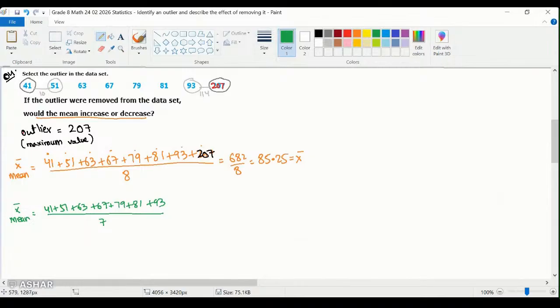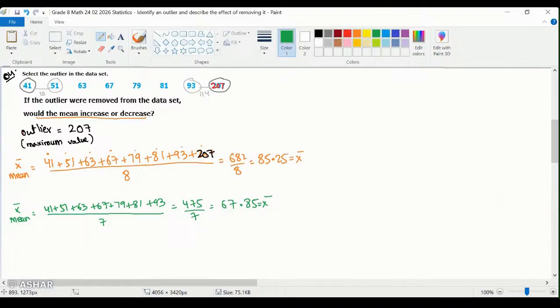It comes out to be 475 divided by 7, and the mean comes out to be 67.85. Why is the mean decreasing? Because a very big value has been removed, right?